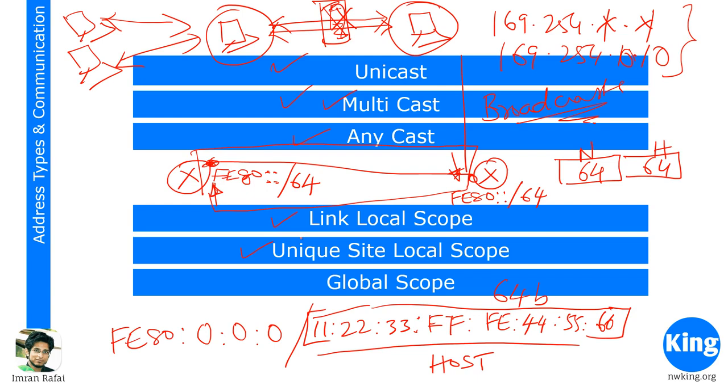NAT creates a lot of trouble, for instance, with VPN. The ESP protocol, for instance, has a lot of trouble with NAT. It's not part of our syllabus, so I'm not going to discuss much about ESP and ISAKMP. The IPsec protocol suite would love it if NAT was not there, because it becomes much easier.